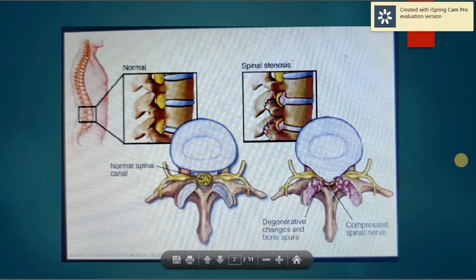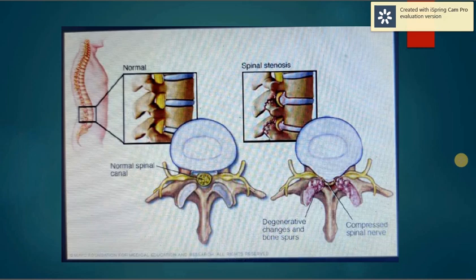Here I have given a picture to get a rough idea of what a normal spinal canal looks like and how the stenosed canal looks. You can see in the stenosed canal there is narrowing of the spinal canal, and the neurological structures, the cord and the nerve roots, are being impinged, and the degenerative changes and bone spurs come and compress it.